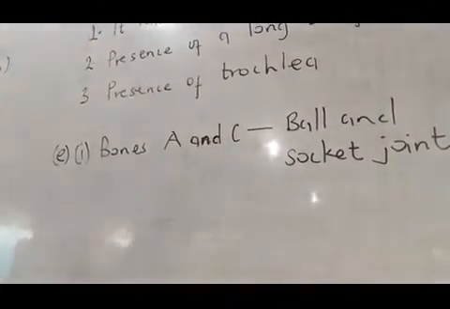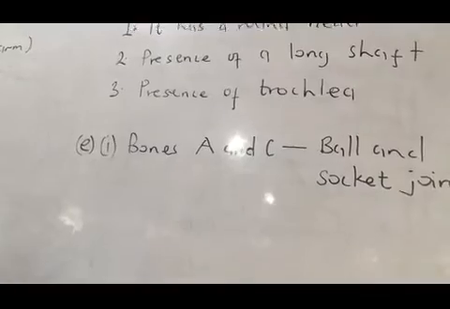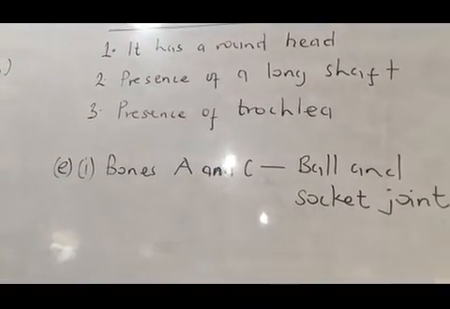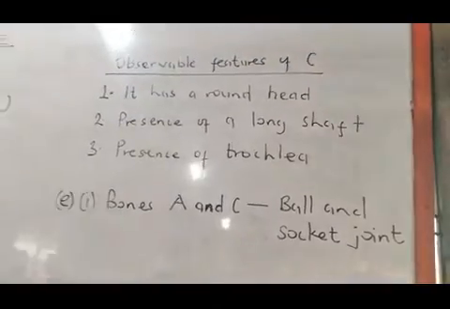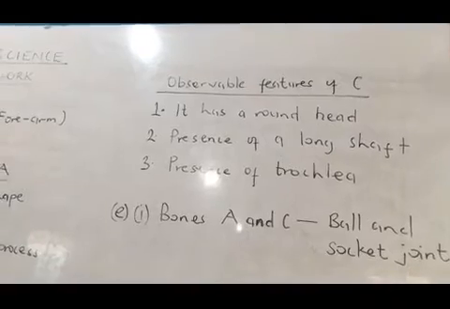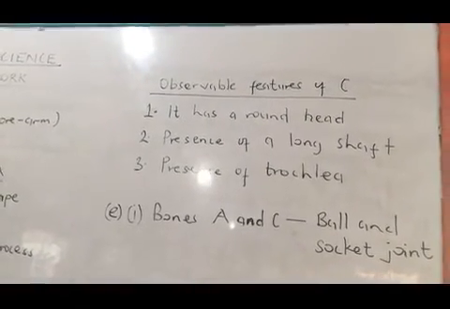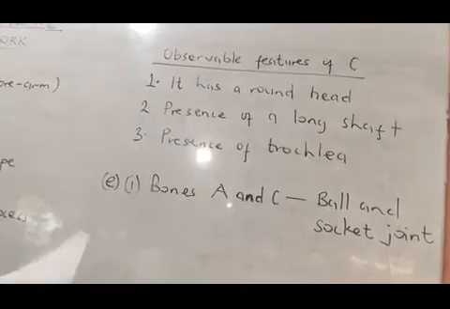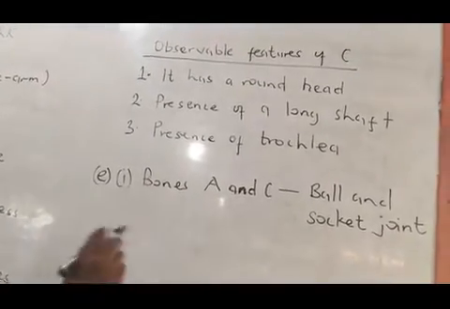That joint is found in the shoulder. The ball and socket joint is also found in the hip. So those are the two locations of the ball and socket joint, the shoulder and the hip. That is why you can rotate your hip more or less in a circular form.